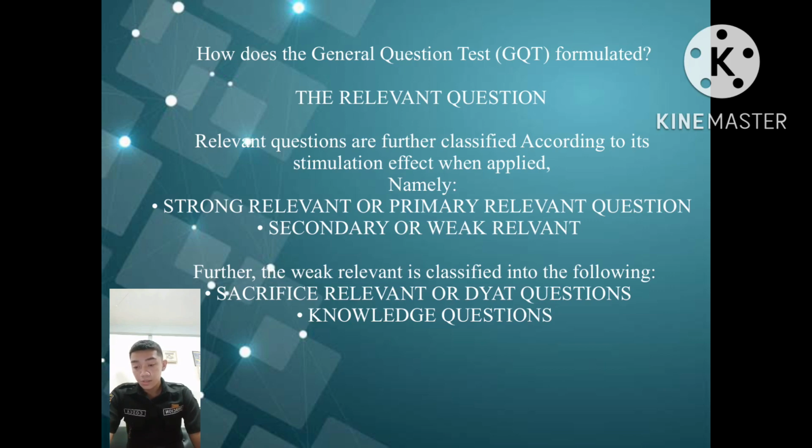Knowledge questions. This type of question is propounded to the subject to detect information about a crime that only a guilty subject would have. Such information might include details about the site of the crime or the means of committing it, such as the type of weapon used.